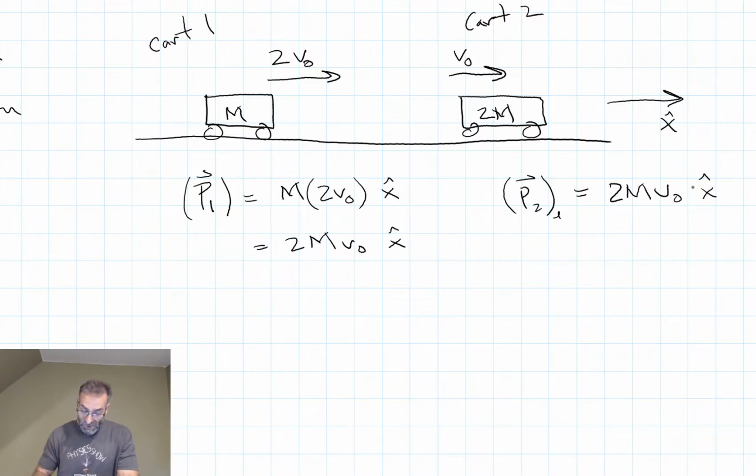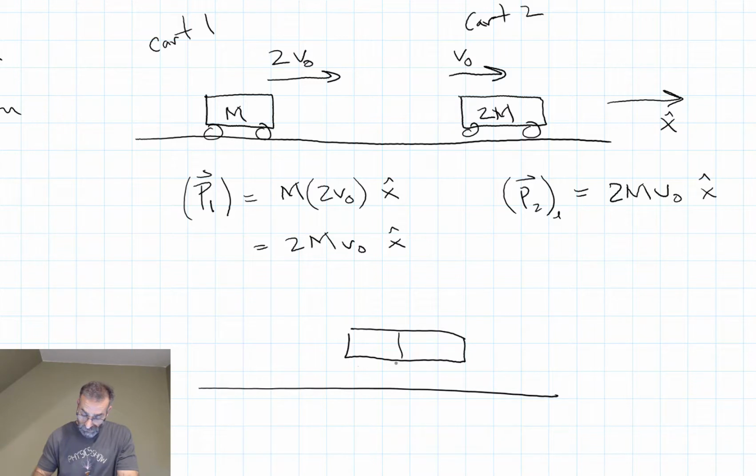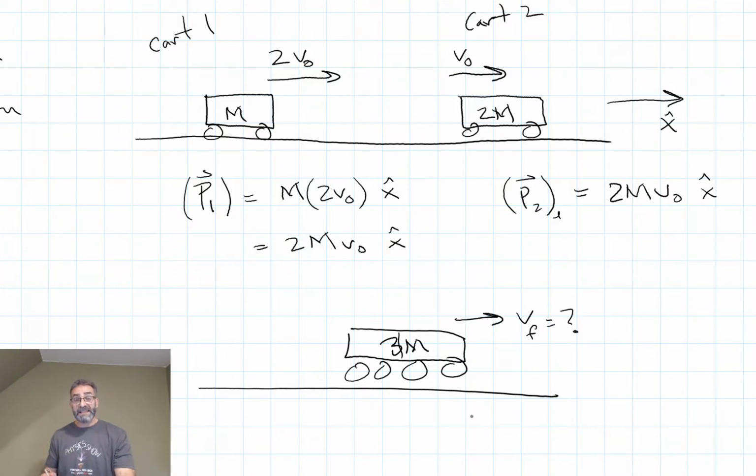Now afterwards, they stick together. So our total mass here is going to be 3m. And we want to know what's the final velocity of the carts after they collide and stick together.